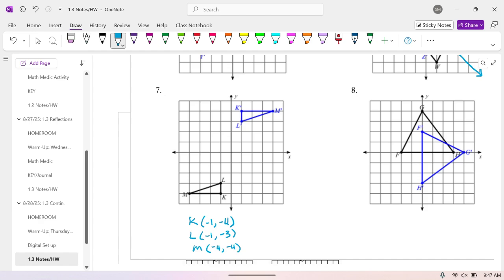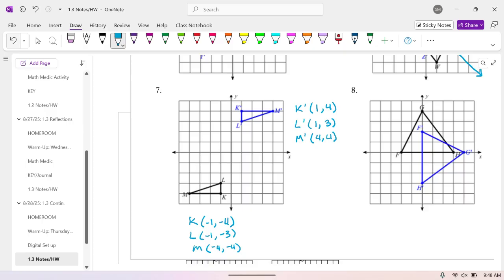Now we're going to list the points for the primes. So K prime is 1, 4. L prime is 1, 3. And then M prime is 4, 4.